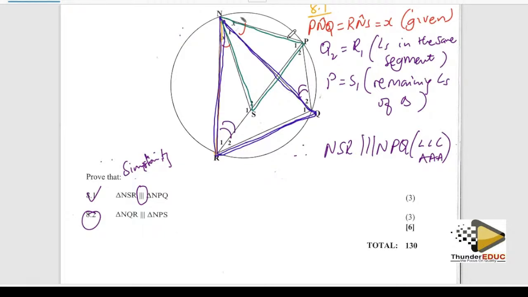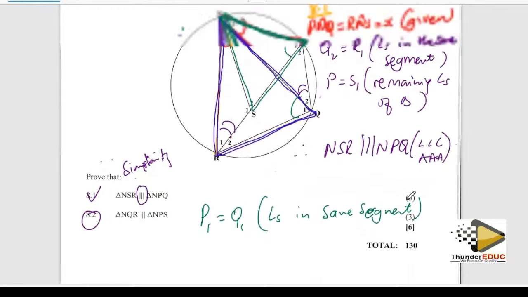One thing we know, P1 is going to be the same as Q1 because of the same segment. So that's what I'm going to start with. P1 is the same as Q1, angles in the same segment, those segments subtend equal angles. Then what can I see?